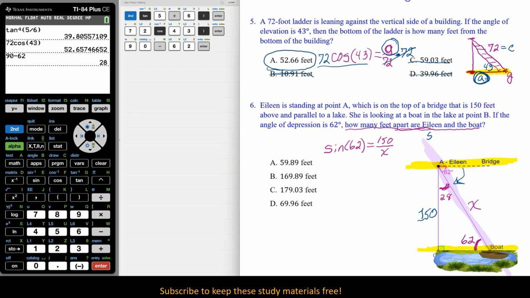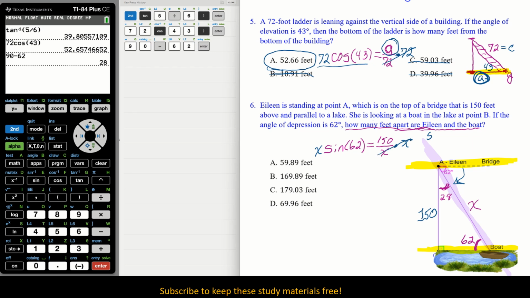Okay, so we're going to have to do a little bit of finagling. You might be able to see it. But I'm going to do all the steps, all right? First, I will multiply both sides by the x. This cancels. I'm going to rewrite this, though.